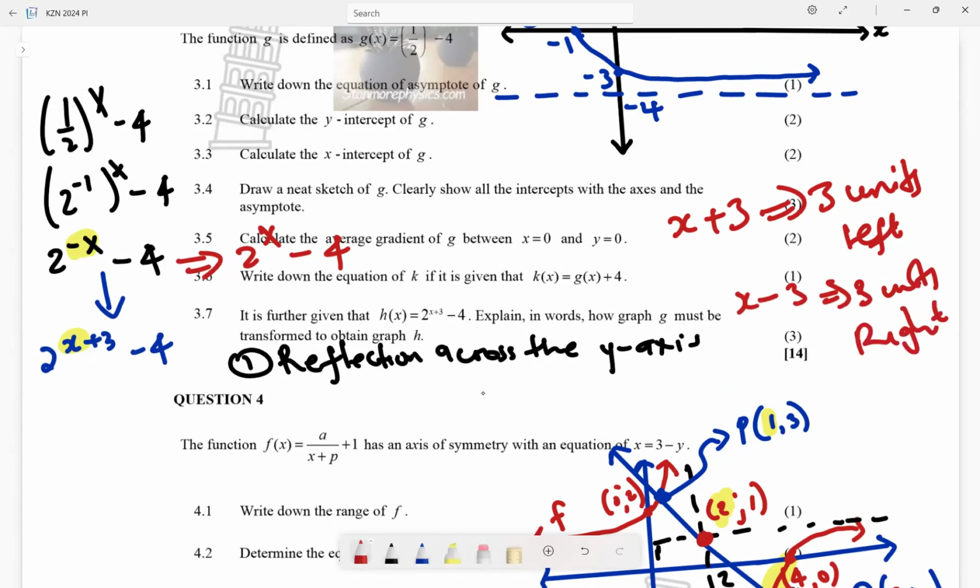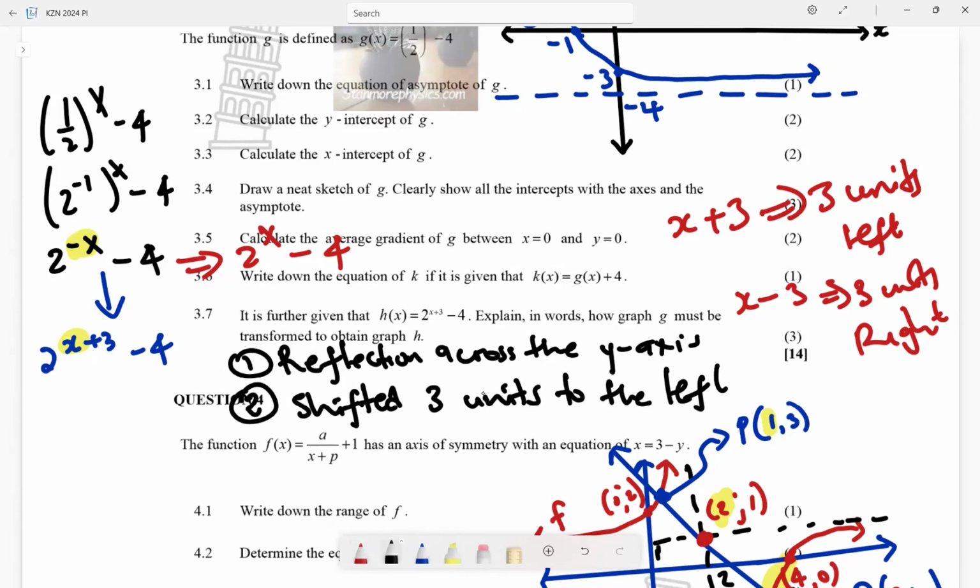You have to watch my video under functions to understand why plus is left and minus is right. So the other thing I can see is that the graph was shifted 3 units to the left. Done, just like that.